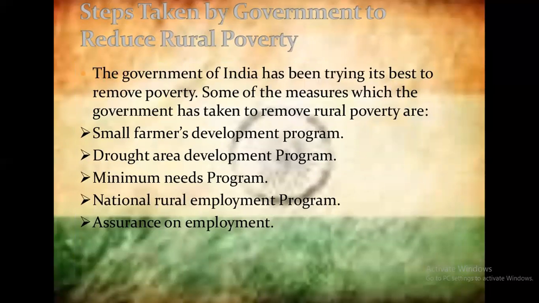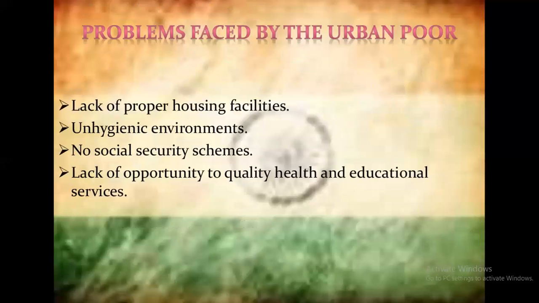Now there are different steps taken by the government to reduce rural poverty, like the small farmers development program, drought area development program, minimum needs program, national rural employment program, assurance of employment. That is MNREGA, as we say.